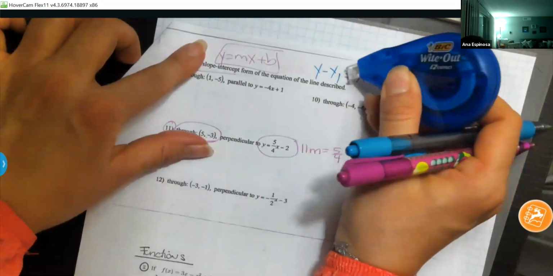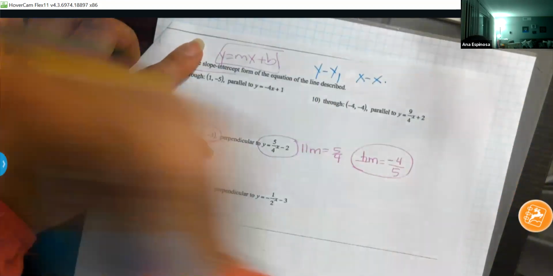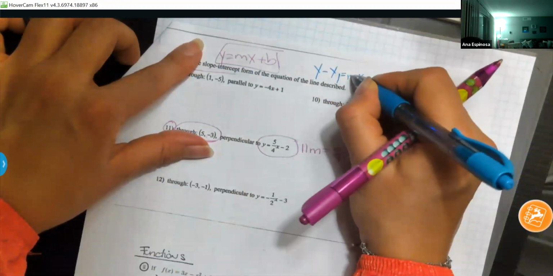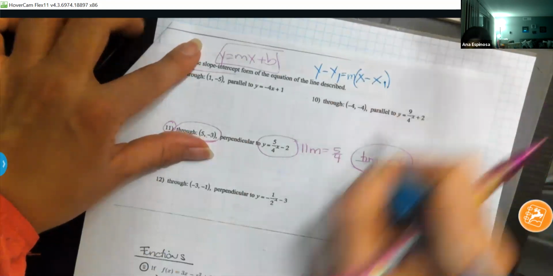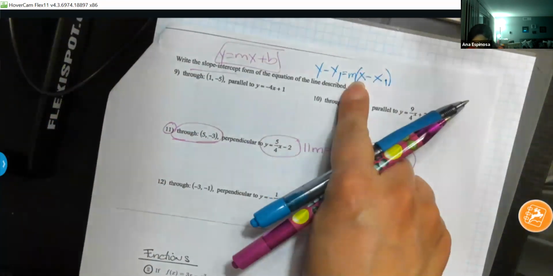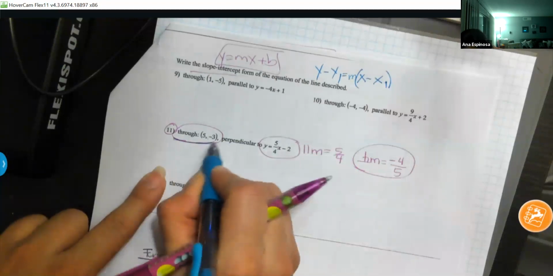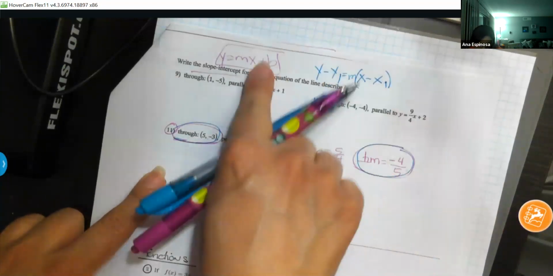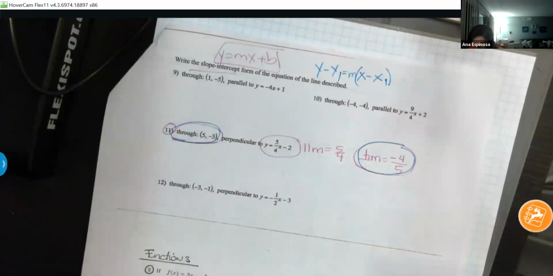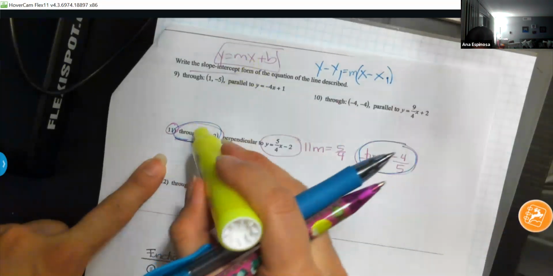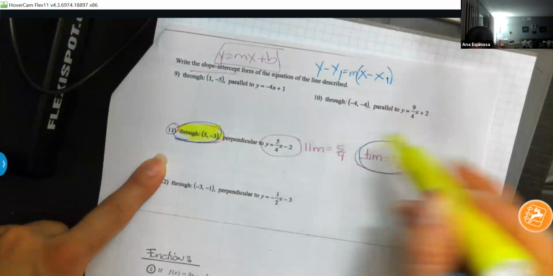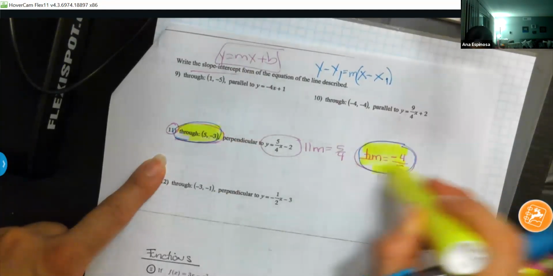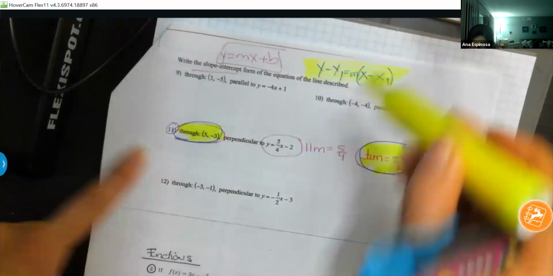So okay, I'm going to use this formula to plug this in and that in, and then go from here to here. That's the easiest way to do it. You can always use this if you like. I just think it's more complicated, especially when you're dealing with fractions. So I'm going to use those pieces of information to go here.